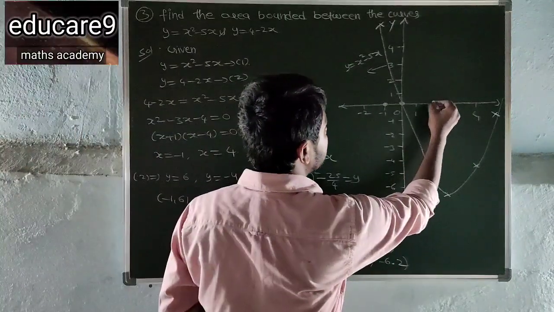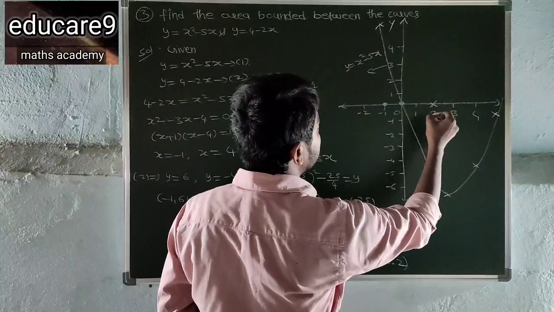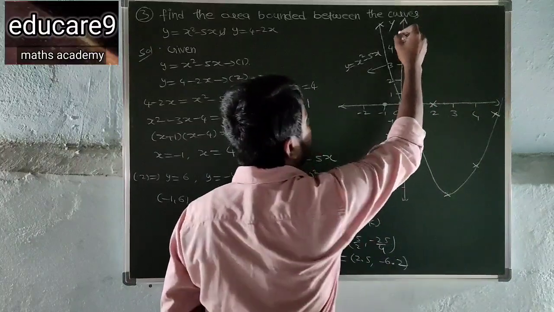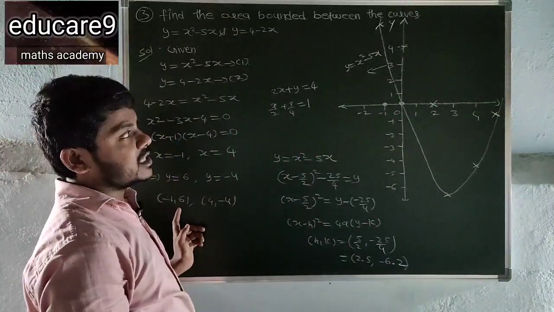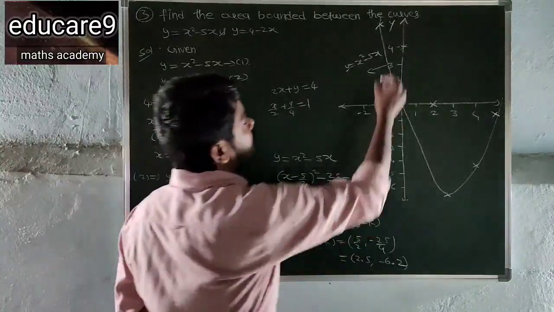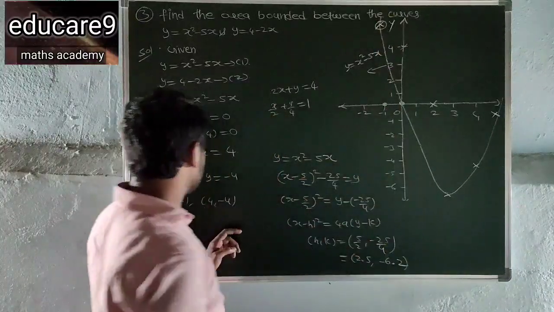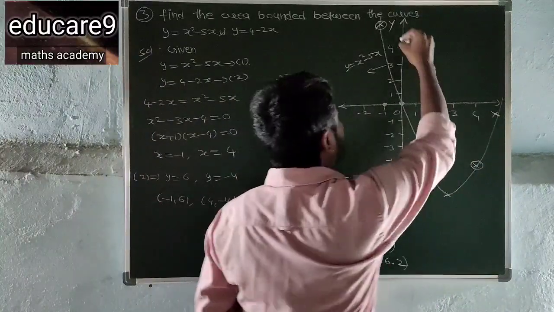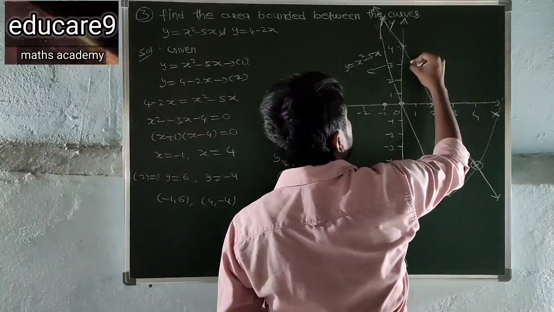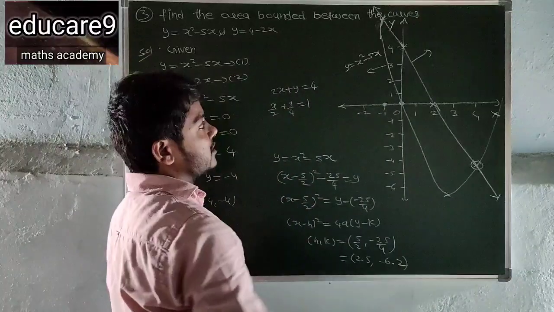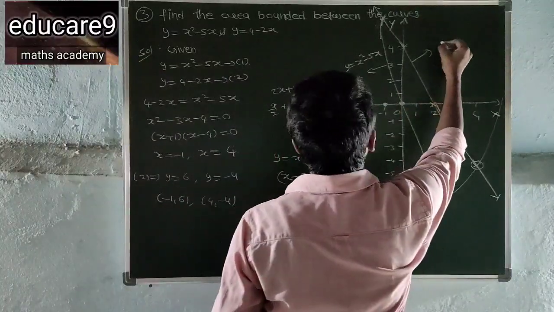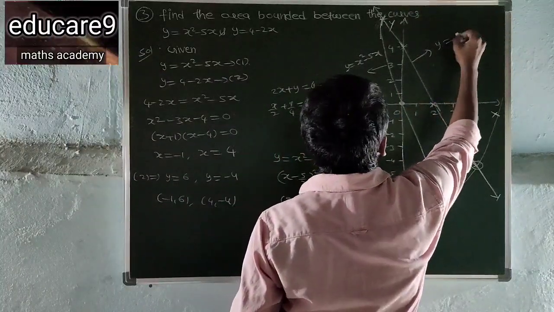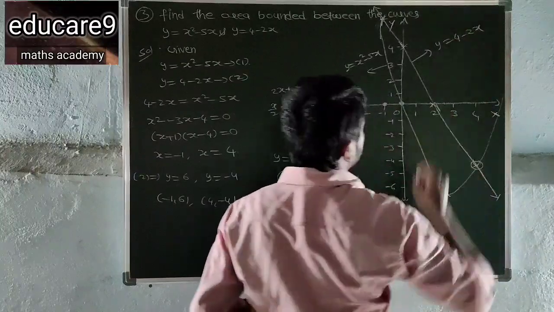So 2 comma 0 and 0 comma 4. And what are the points of intersection? Minus 1 comma 6, this one, and 4 comma minus 4, this one. Now draw the graph using this. Now clearly this line is what? Y is equal to 4 minus 2x.